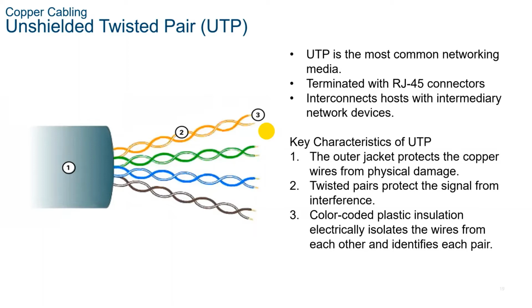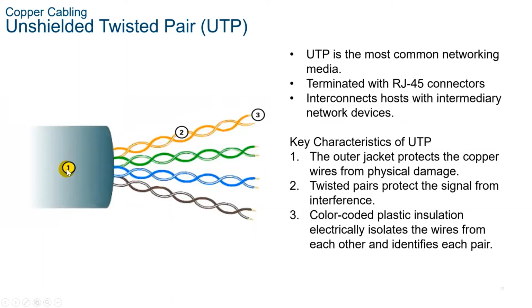So the twisting of wire helps protect against signal interference from other wires. As seen in the figure, the color codes identify the individual pairs and wires and aid in cable termination. The numbers in the figure identify some of the key characteristics of unshielded twisted pair.